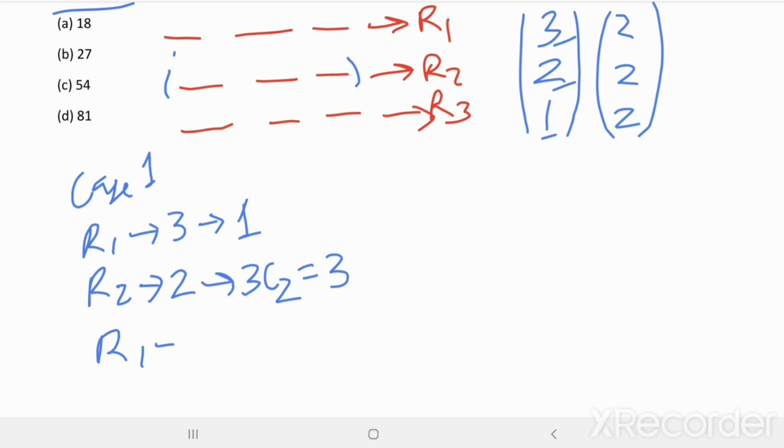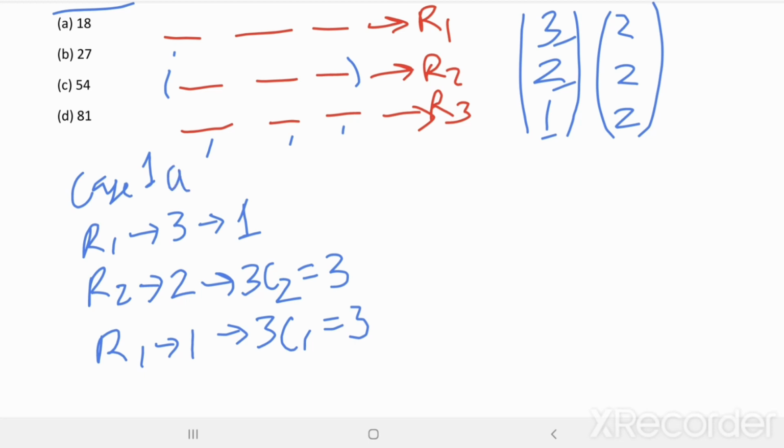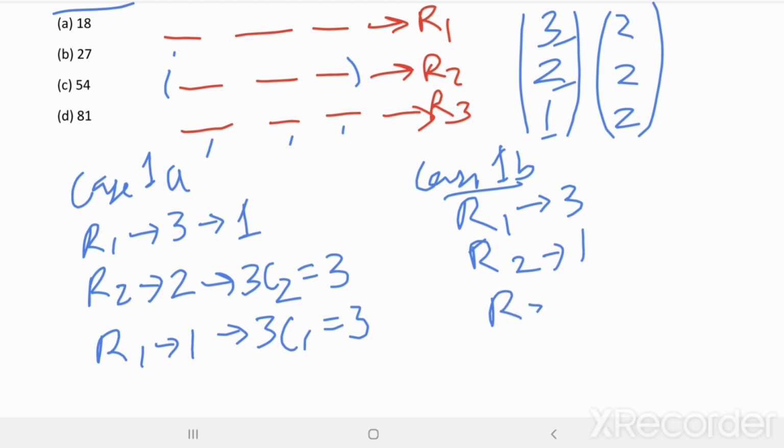Then R3, 1 cup of coffee. This 1 cup of coffee you can keep either in the first column or the second column or the third column. So that is choosing one place and placing it. That you can do in 3C1 ways, which equals 3. This is case 1A. Now case 1B: R1 equal to 3, R2 equal to 1 and R3 equal to 2.